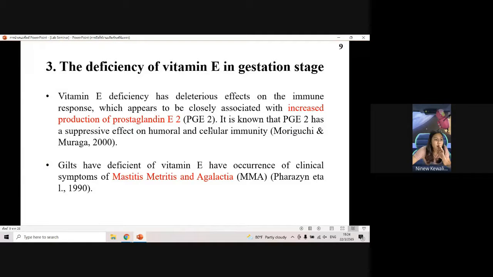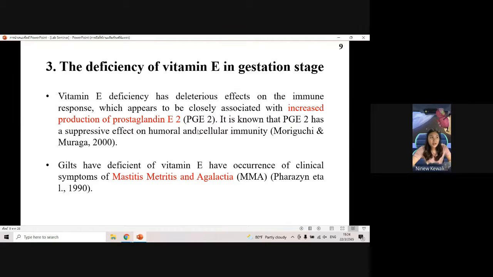From my understanding, vitamin E deficiency will increase the prostaglandin, and it means it can have an effect on the pregnancy situation, right?